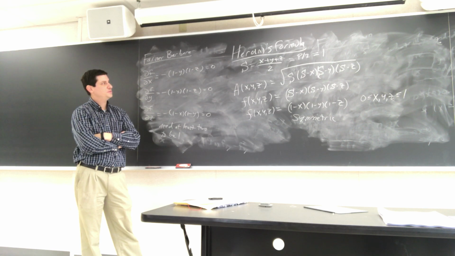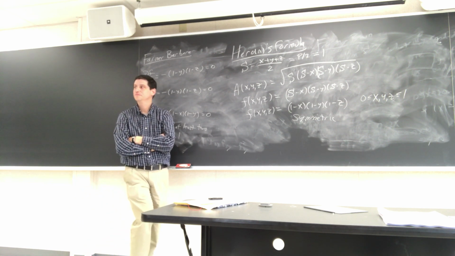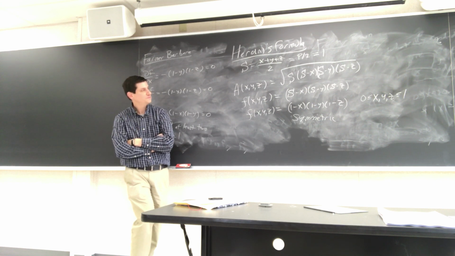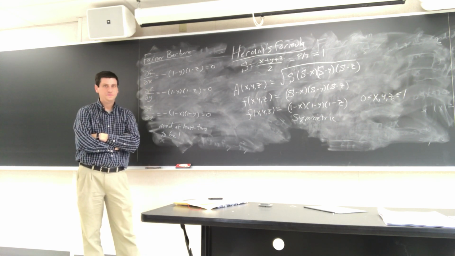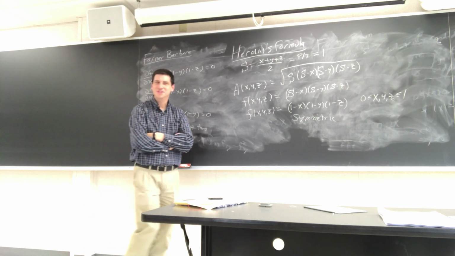We're assuming that the semi-perimeter is fixed, that x plus y plus z is always equal to 2 in this case. Any thoughts as to where the mistake is?